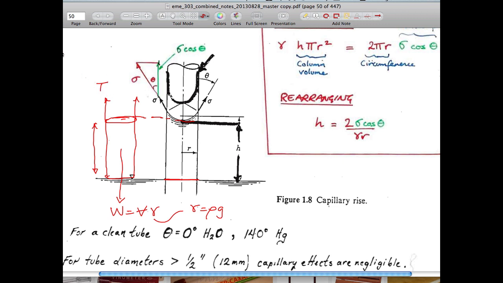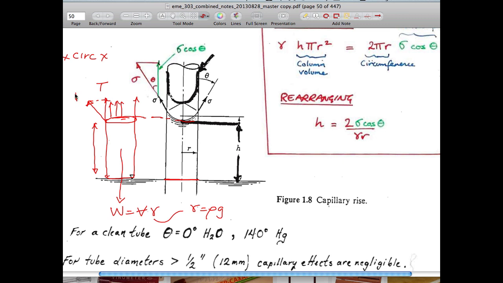The shear force acting upwards is going to be given by the interfacial tension, which is the magnitude of this incremental stress that's applied around this periphery, multiplied by its circumference, and multiplied by an angle that represents the component of this which acts in the vertical direction.